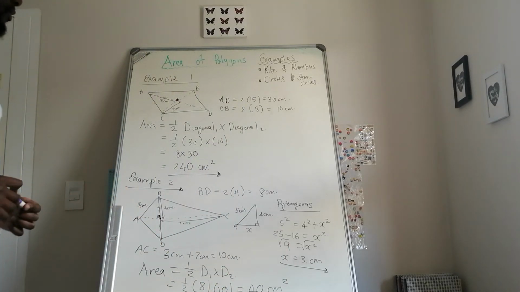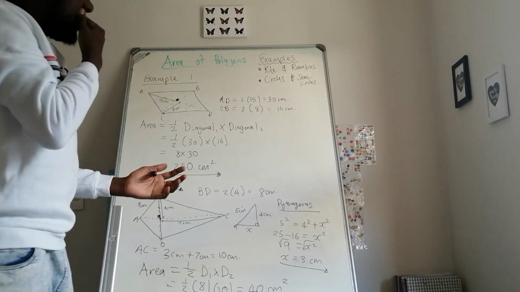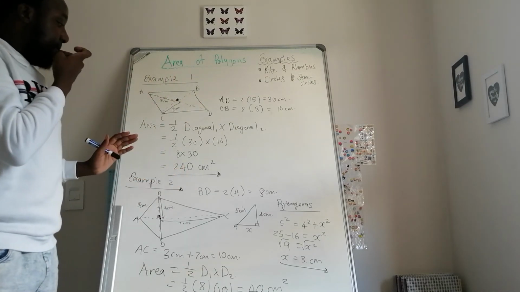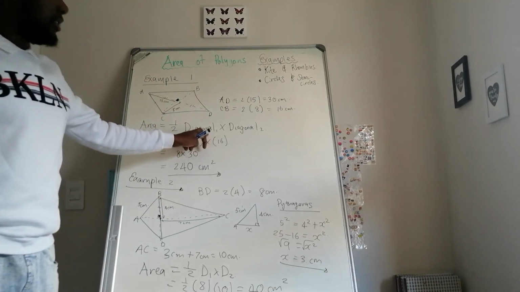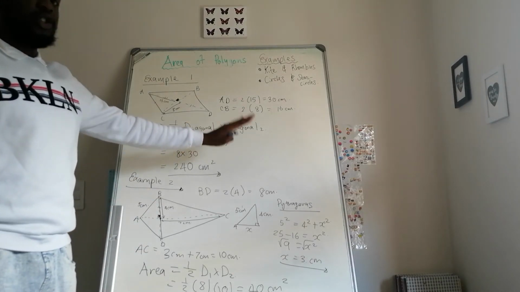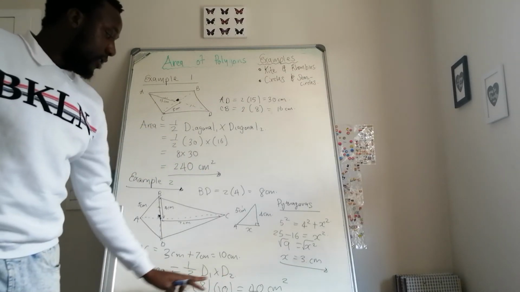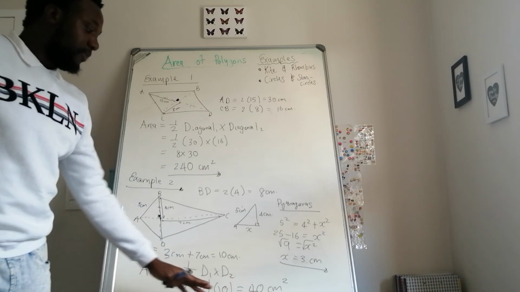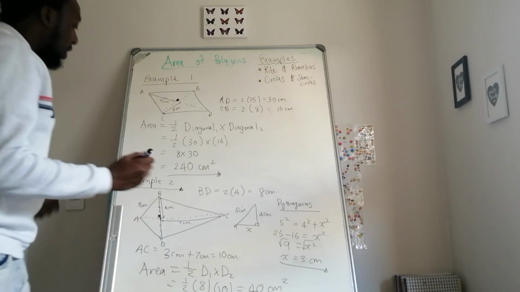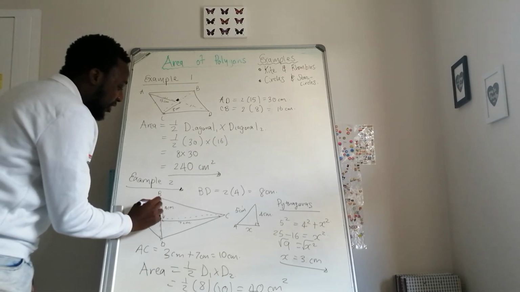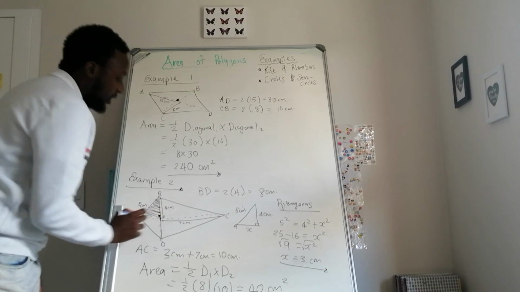So there we go. Let me just run you through it. Remember the formula for rhombus and kite. It's always half of the diagonal 1 multiplied by diagonal 2. Same for kite, half of the diagonal 1 multiplied by diagonal 2. Here all we needed to do is realize that that makes a right angle triangle, right?